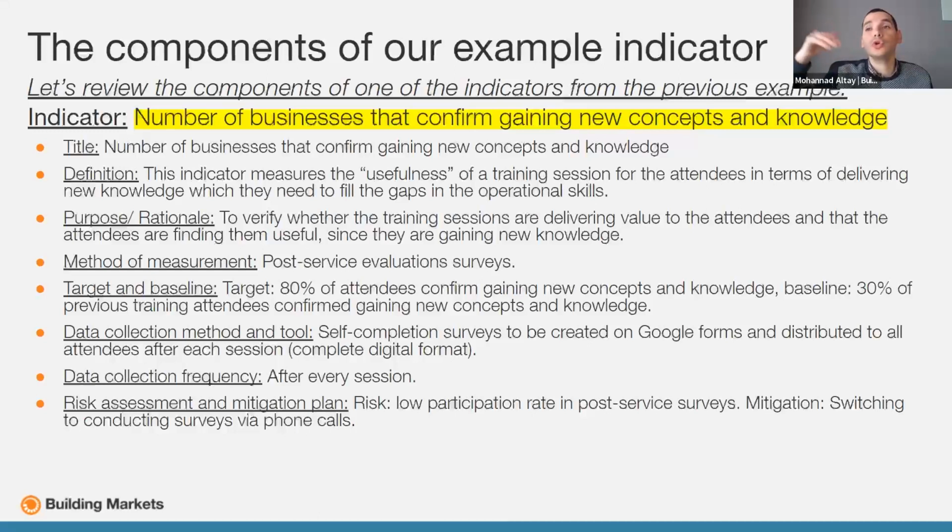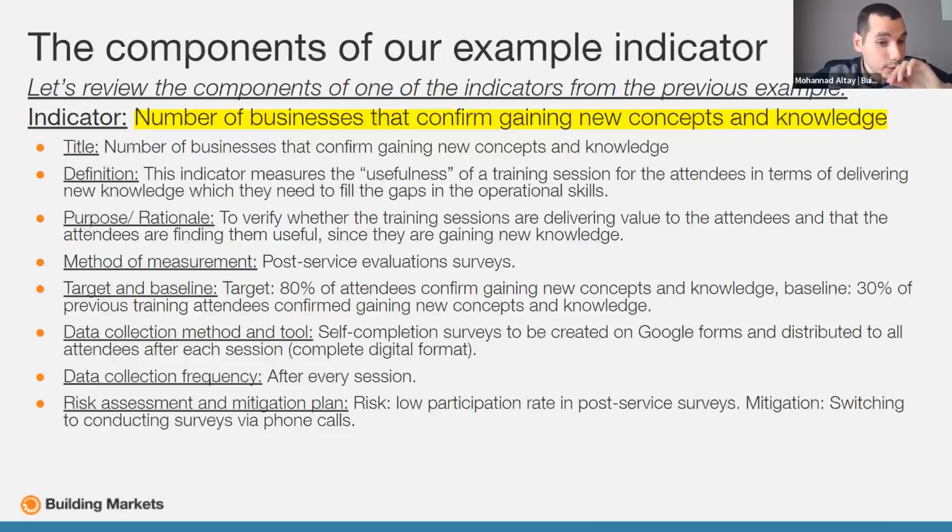And in case you realize something which is far below the target, for this example the target is 80, let's say we are realizing 40%, then this is a red alert for you.